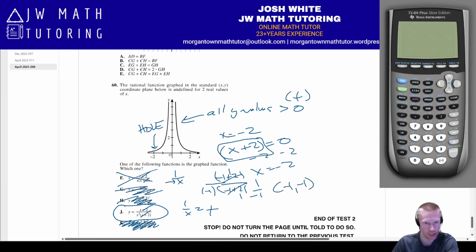Do we see -1, -1 in the graph, which would be down here? No, we don't see that. As compared to J, where it becomes 1 over -1 squared, which is just 1 over 1, which is 1. So in J, the point on the graph is -1 comma 1. Well, that's right here. That's on the graph. That just confirms that J is the correct answer.